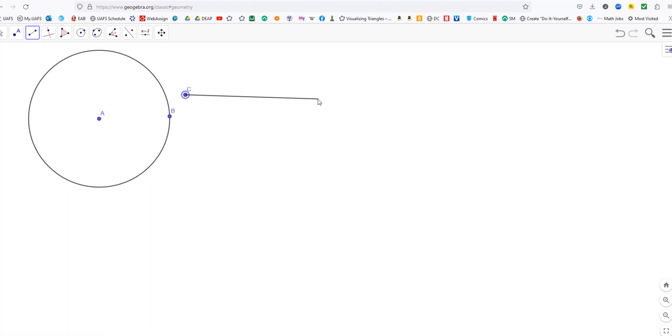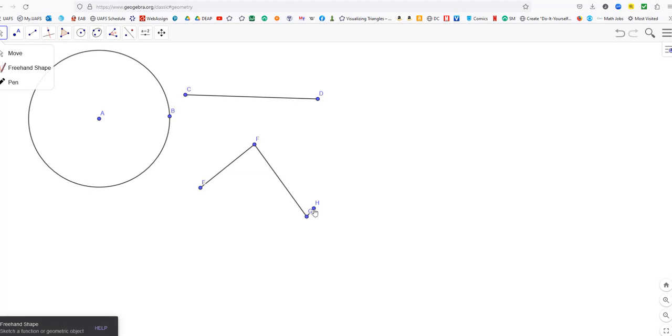Line segments are going to be a curve. That one's non-closed, it is a simple polygonal curve. Here's an example of a polygonal curve that's simple. Here's one that's a polygonal curve that's not simple, but not closed.